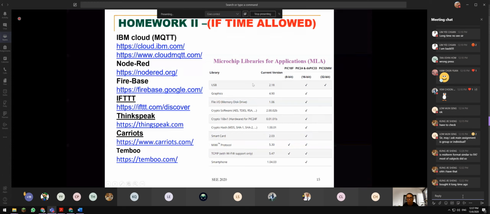Why? Because there are a lot of libraries. You don't need to do a lot of programming. You just call the library. However, if you're using Microchip PIC24, they don't have many libraries for you. You need to write it. You have to develop your own library, basically your own driver. This is what I want you to learn, to develop your own simple driver.